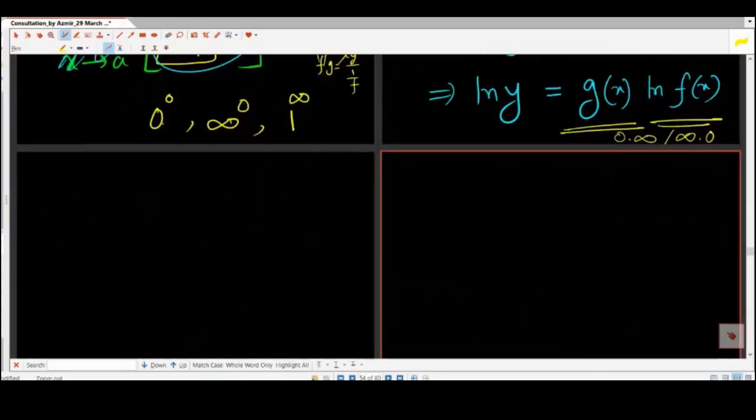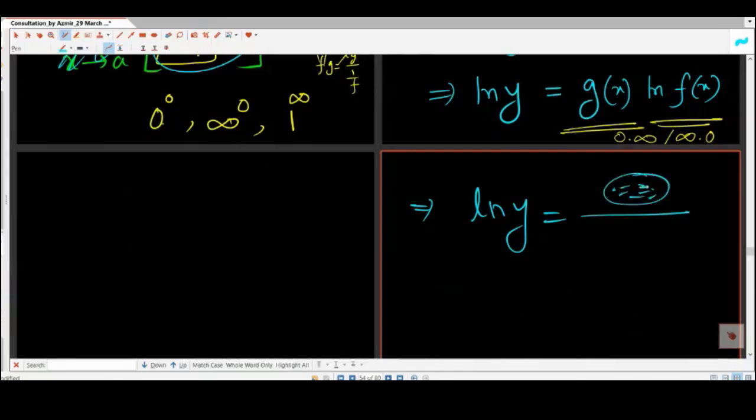So in the next step, we have to convert this one to a ratio form so that we have some part in the numerator and a function in the denominator. Finally, the function that we have here will be of 0 over 0, infinity over infinity.